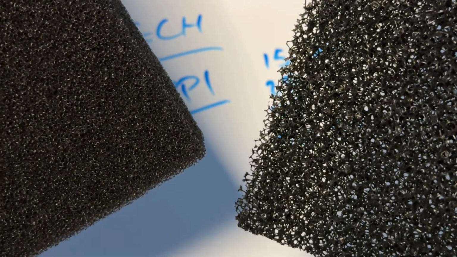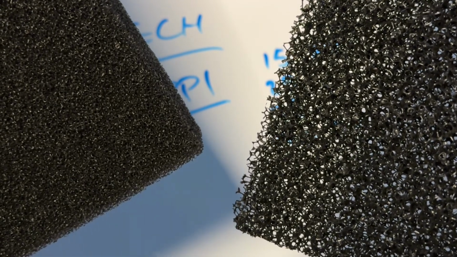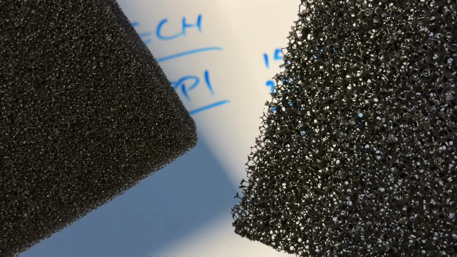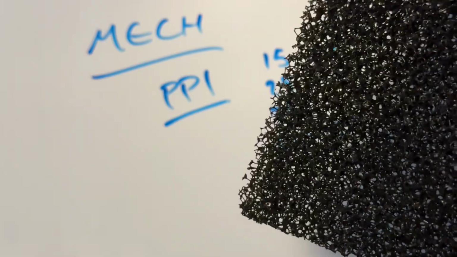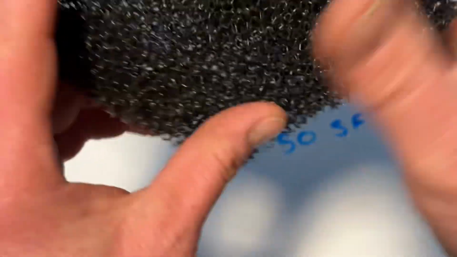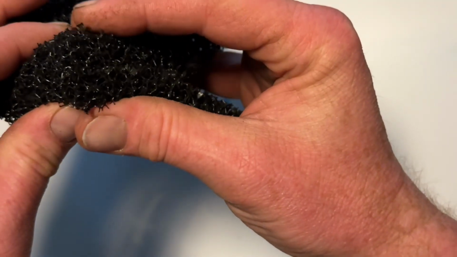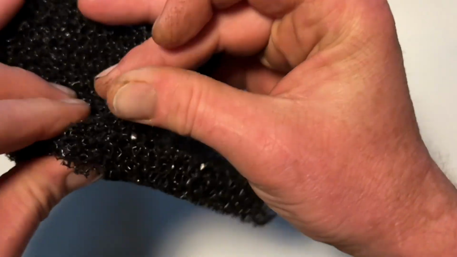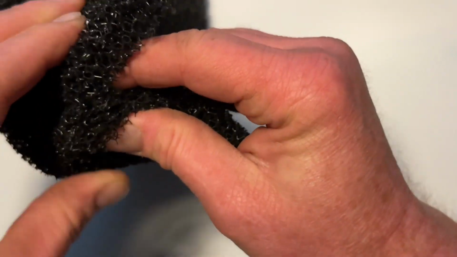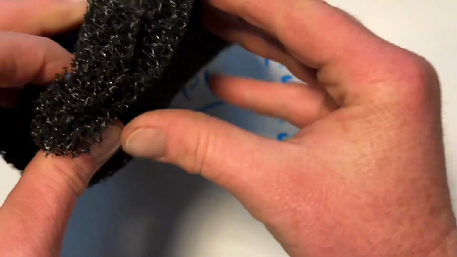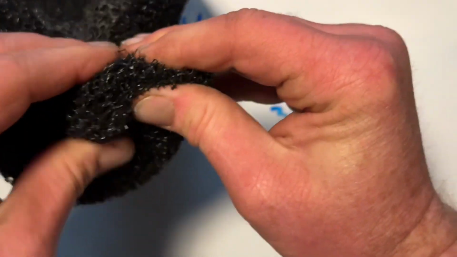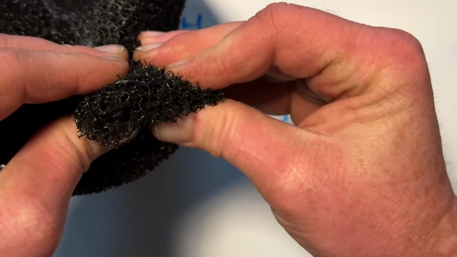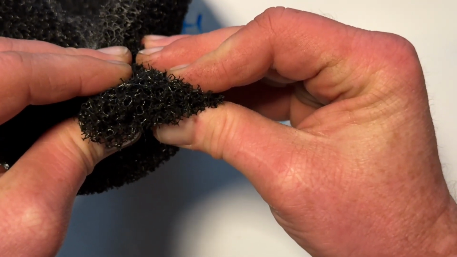So you can take 15 all the way to 50 if you want. How? You compress it. Notice how the holes get smaller? We can cram another layer in, and another layer, and another layer, and another layer. Now that is a pretty fine foam, much finer than 15 ppi.